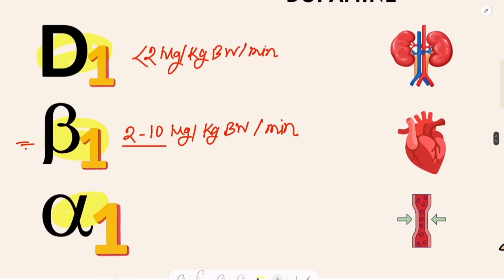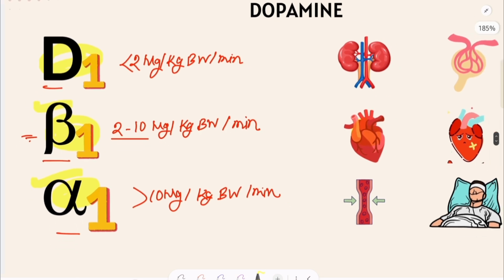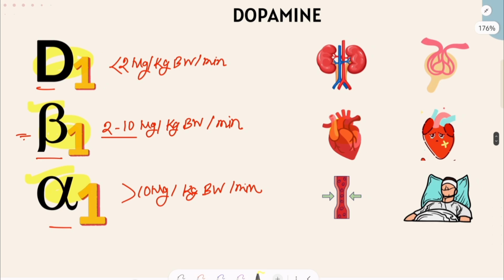And if we give more than 10 microgram per kg body weight per minute, it will lead to stimulation of D1, beta 1 and alpha 1 together. Now we already discussed beta 1 and alpha 1. Beta 1 is mainly present in the heart and alpha 1 is mainly present in the blood vessel, which causes vasoconstriction.